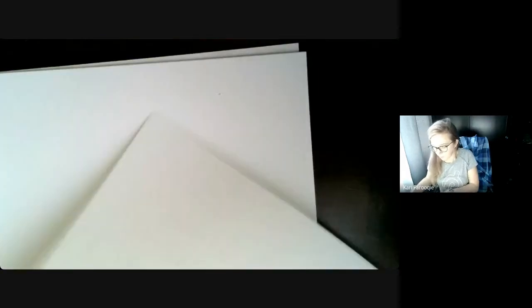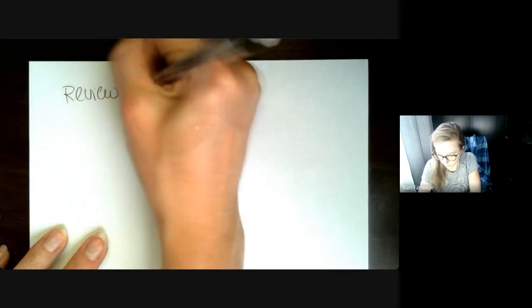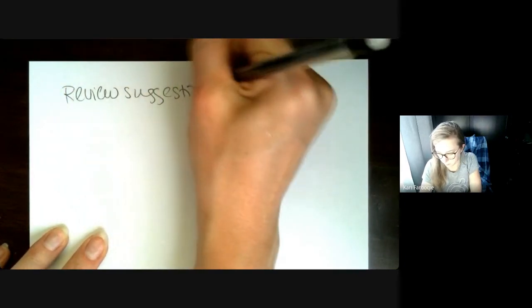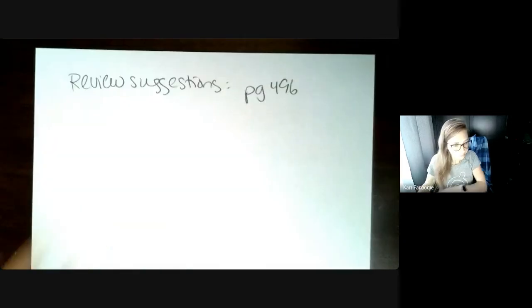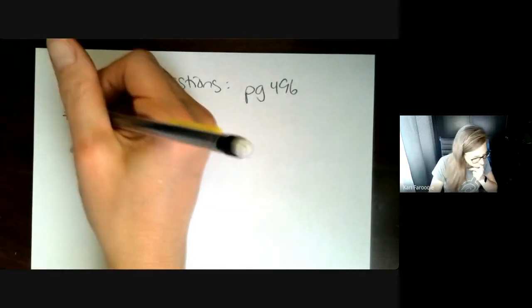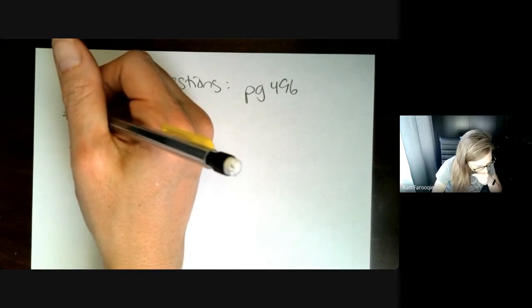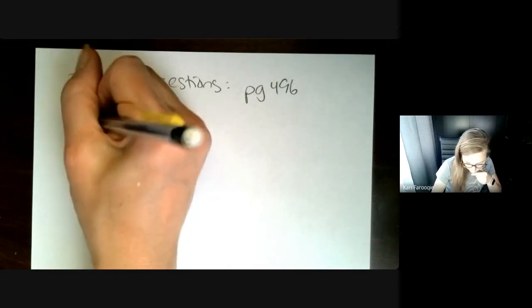I'm going to write it down. It's page 496. So area is 1 through 5. The answers to the odds are in the back.